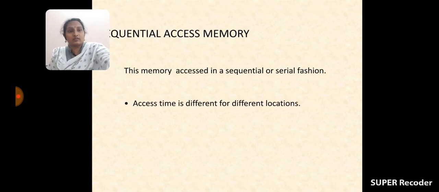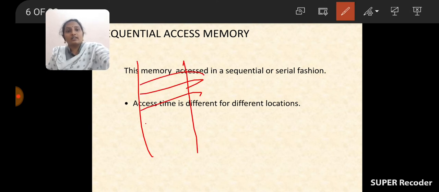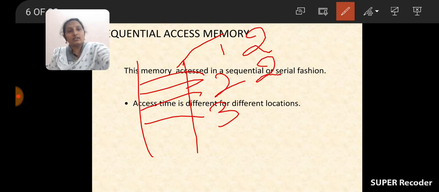See here, I would like to explain this simple diagram. To access the third register in sequential access memory, first I would like to access the first and second. For accessing the first memory, no time is there. But for accessing the second memory, if the first requires 2 minutes and the second requires 2 minutes, accessing the second one is 4 minutes.